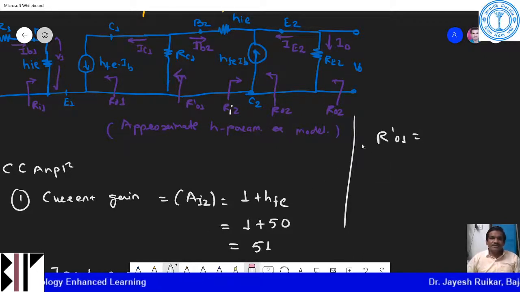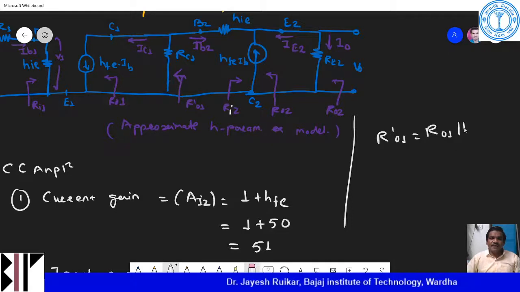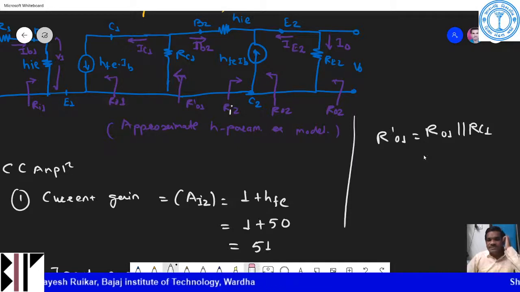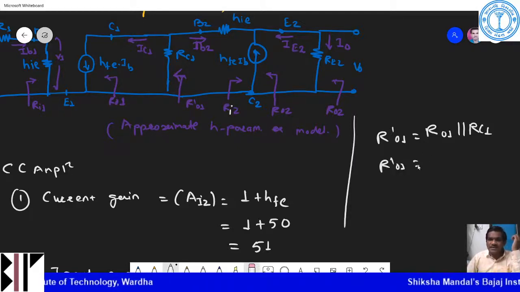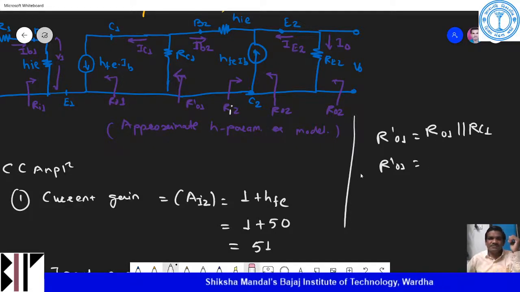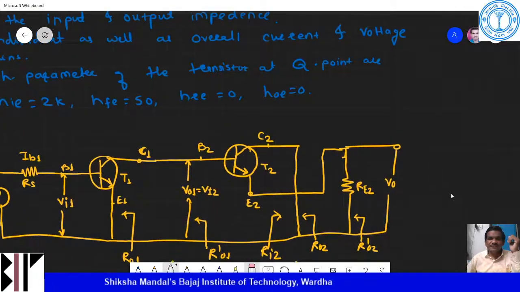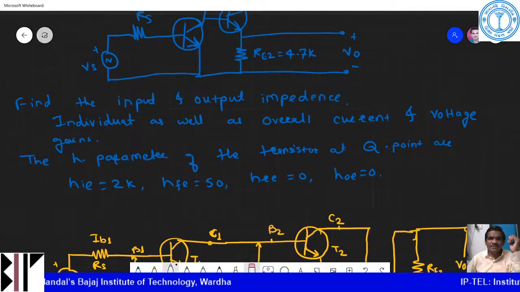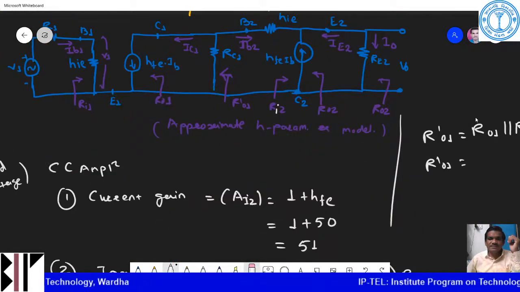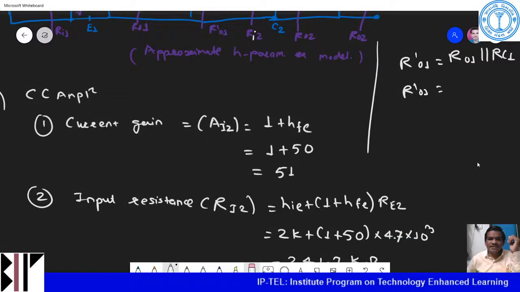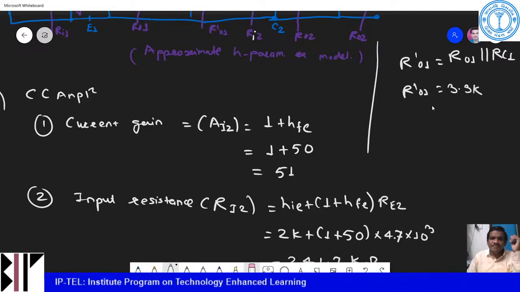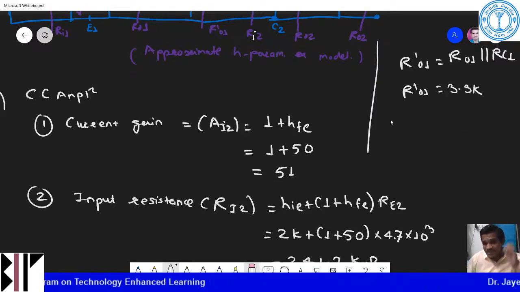So R dash O1 is RO1 parallel with RC1. But as you know, RO1 is infinity, so R dash O1 is infinity in parallel with RC1. The value of RC1 is 3.3k. So R dash O1 is nothing but 3.3k.